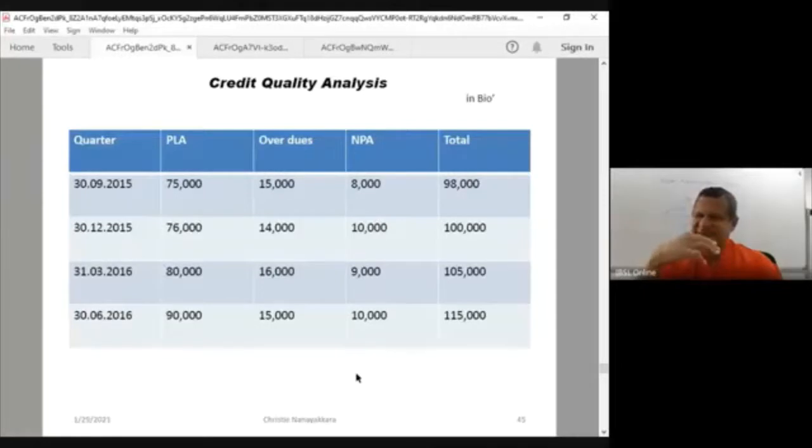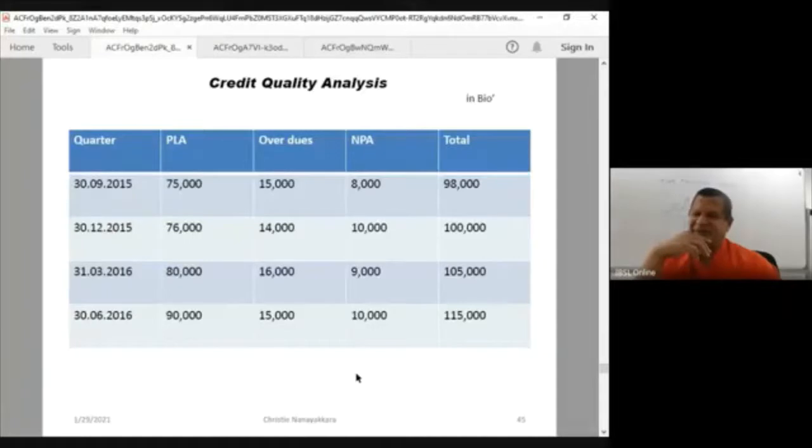Overdues is up to 90 days the customer has not paid, and that total amount includes 15 billion. And over 90 days, which we generally call the non-performing category, is 8 billion. So this is how I analyze the portfolio of 98 billion of a bank into 3 areas of performing, overdue, and NPA.